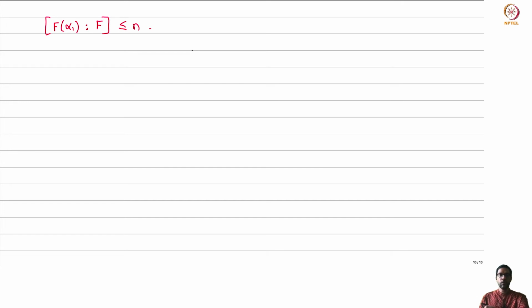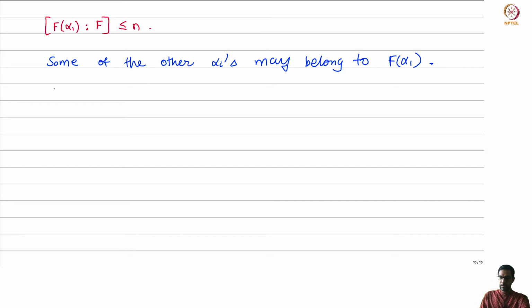Now if all the other roots are part of F(alpha 1), then you are done, because F(alpha 1) itself is the full extension K. But suppose not. So let's write out what I just said. Some of the other alpha i's may already belong to F(alpha 1).